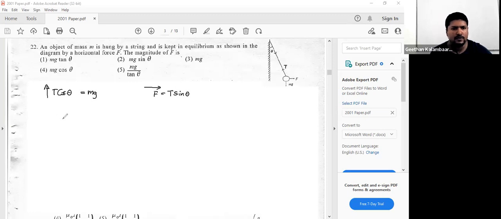So we can divide the two equations: T sin theta over T cos theta is equal to F over mg. You'll be getting that F is equal to mg tan theta. The first answer.